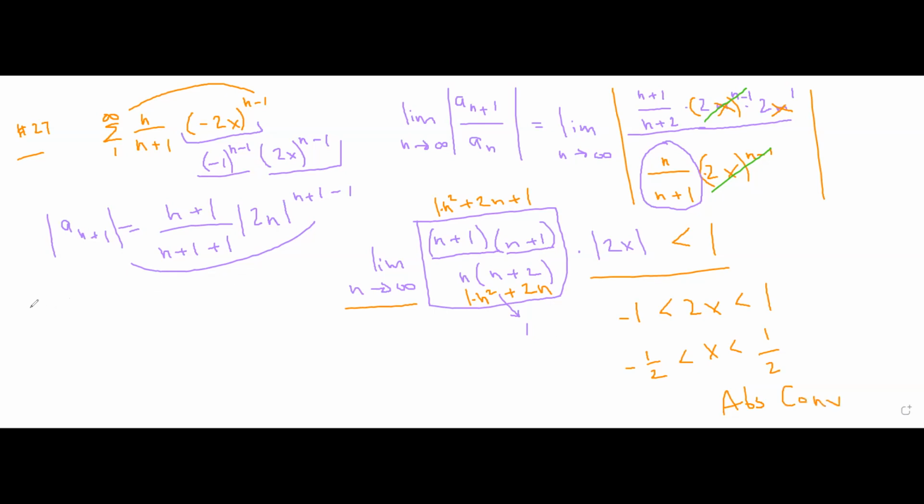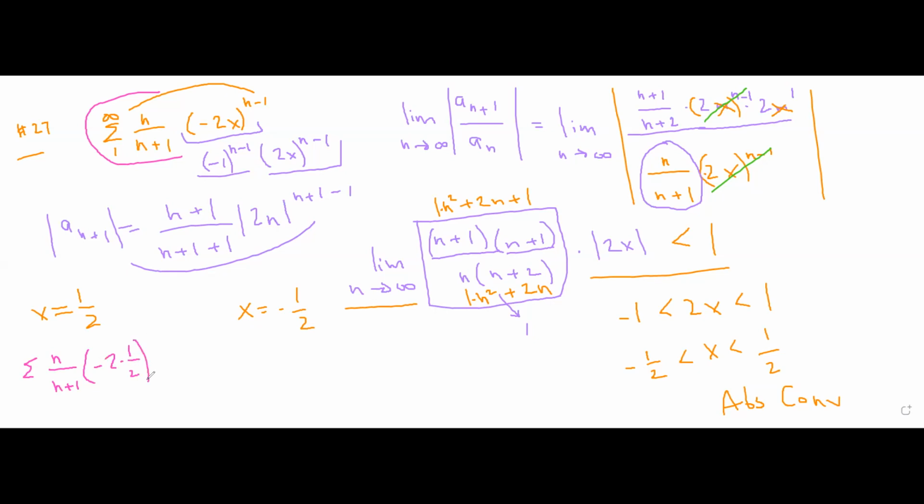And I need to now check and see what happens when x is equal to plus 1/2, and also what happens when x is equal to negative 1/2. Because my series is going to converge inside this interval, but what happens at the endpoints? And what happens with our original series, which is here? So let me replace my x with 1/2.